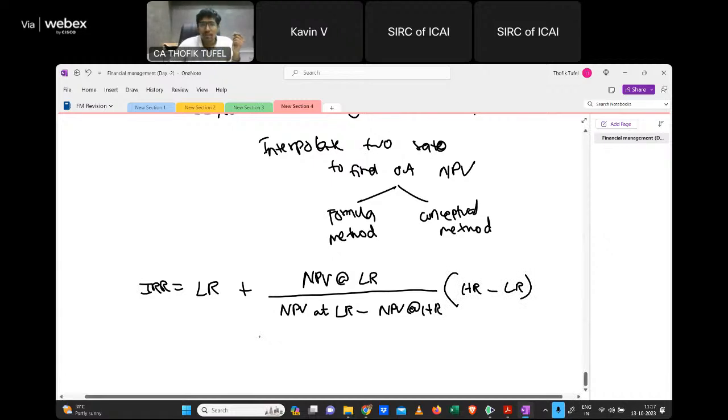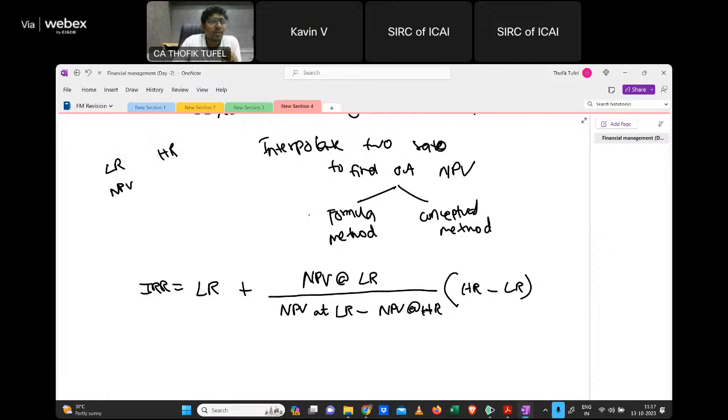This is the formula. As I said, you should have two NPVs and two rates. One will be NPV of lower rate, one will be lower rate, and one will be higher rate. So you will have NPV 1 and then you will have NPV 2.